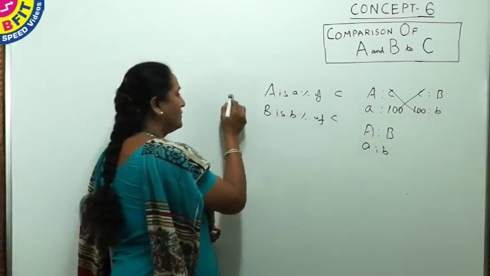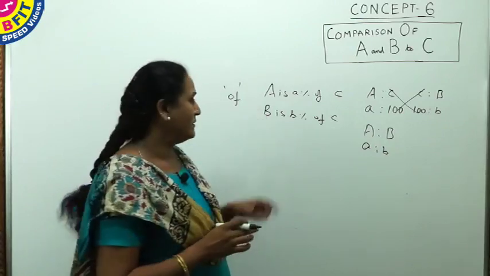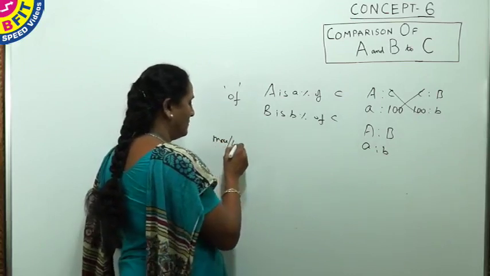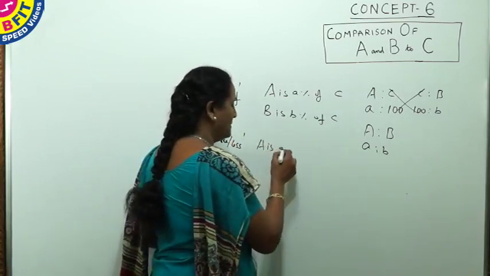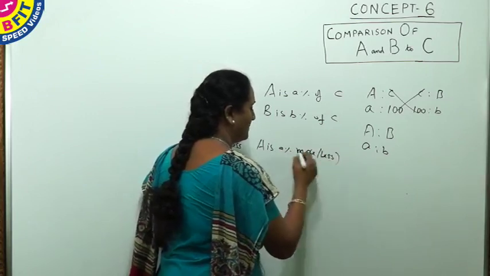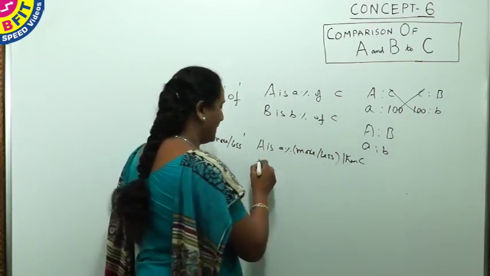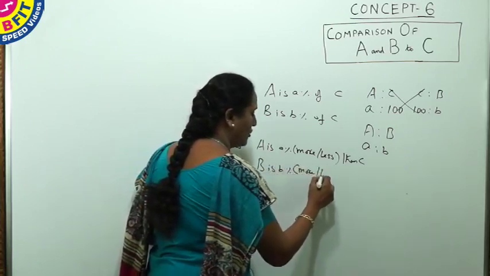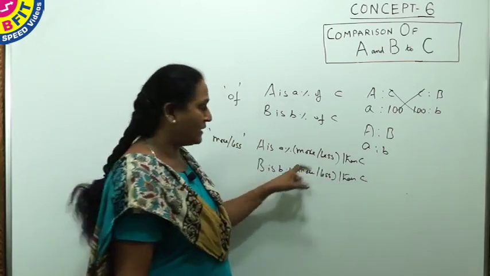So here the comparison was given in the "of" concept. Suppose it is given in the concept of more or less, these two values with C. So the concept of more or less: A is A% more or less than C. And B is given as B% more or less than C. And now A and B are compared to the same value.